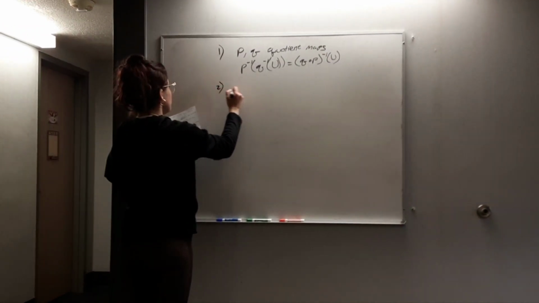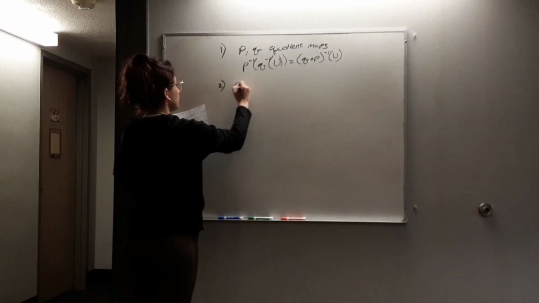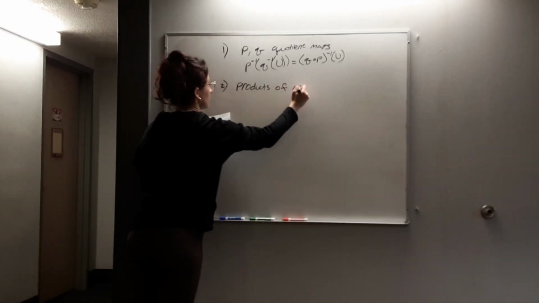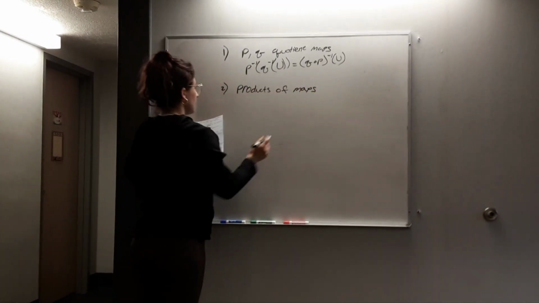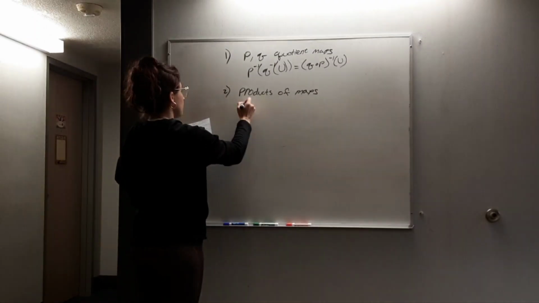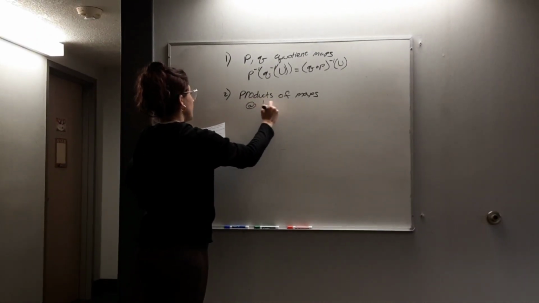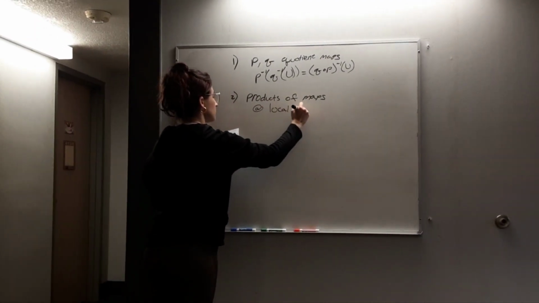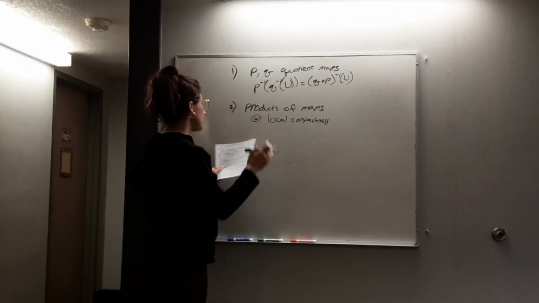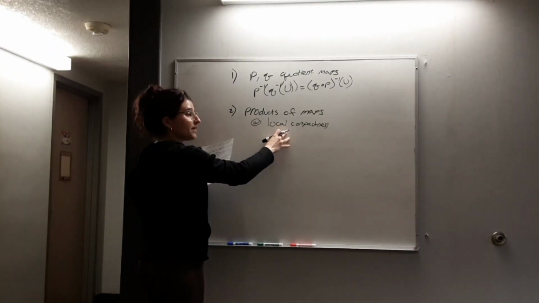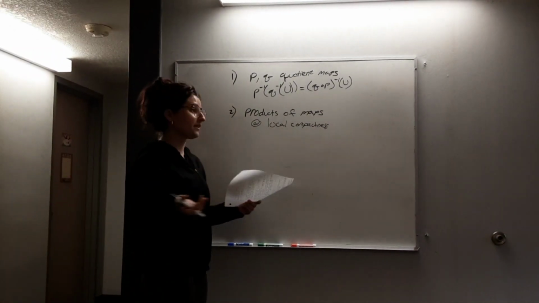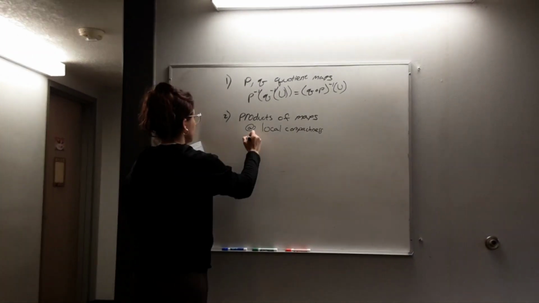So for products of maps, in addition to being a quotient map, those maps must also have local compactness. Local compactness is something that you'll study later on in the chapter, but not something that we're going to be going over today.